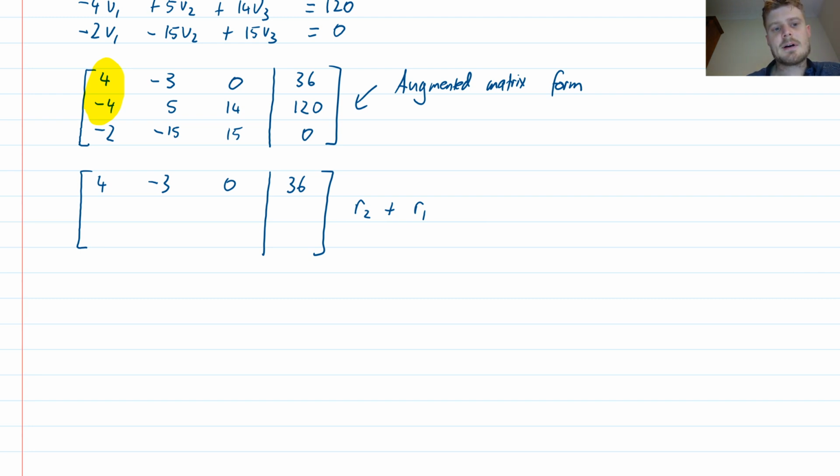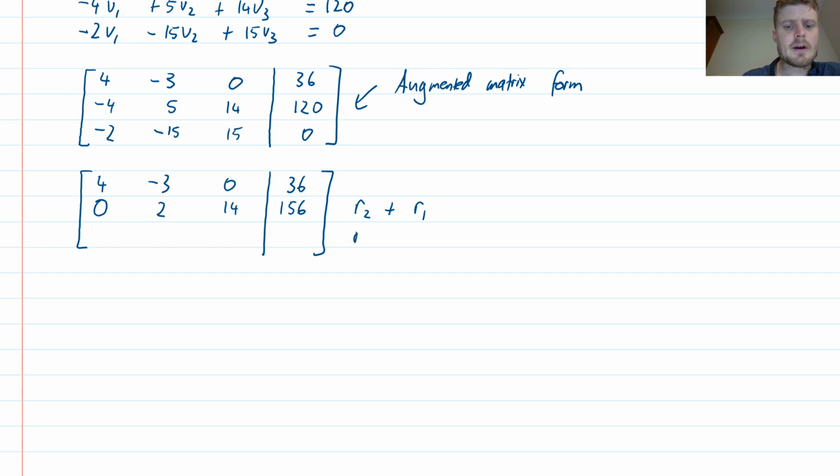If I add them, I'll get 0, and zeros are what I'm after. So I'm going to add these rows together. Adding in the first column, I end up with 0. In the next column, I'll end up with 2, 14, and 156. I'm just adding together each of the corresponding numbers in those rows.